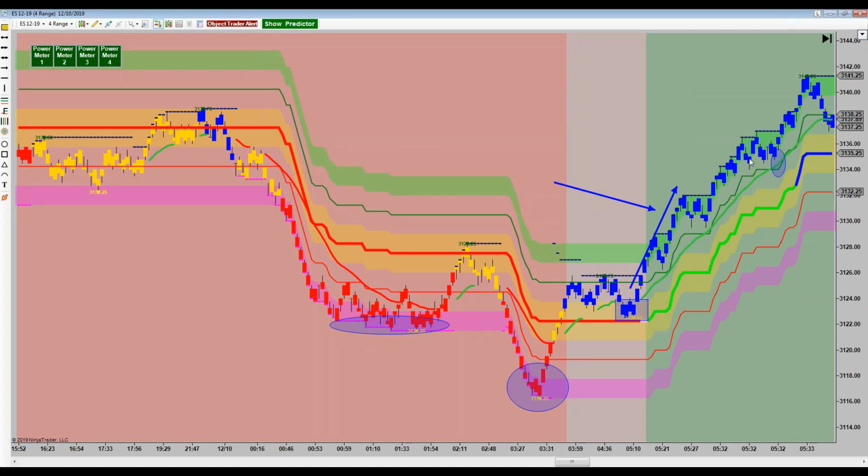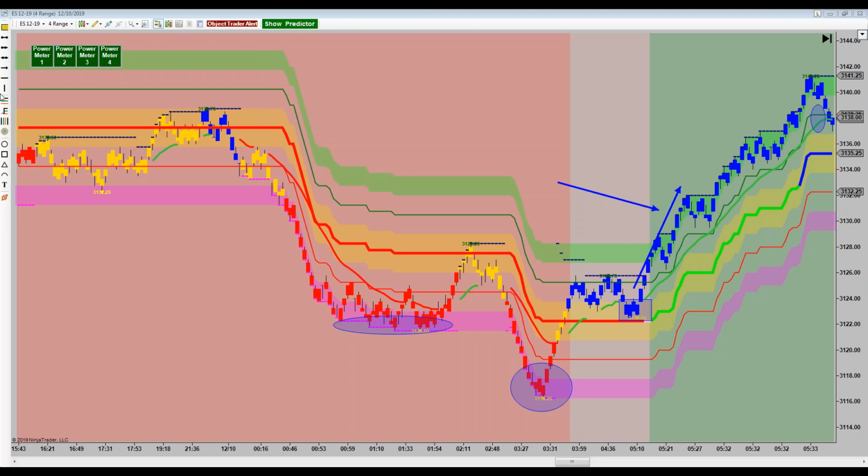Uh-oh, what's starting to happen here? What's going on with those bars right there? What do you think about that? Is that going to be a problem? So let me ask you a question. With those bars right there, what might be starting to happen? Now look at the thrust move here.